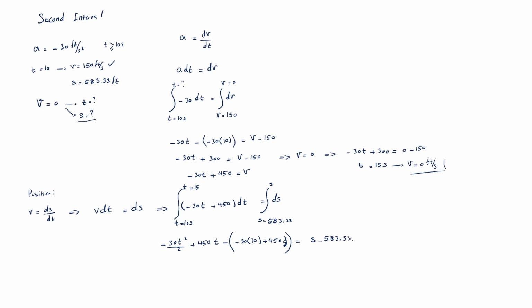If we simplify this equation, we have minus 15 t squared plus 450 t minus this one is around 3000. If we add it here, we get minus 2416.67 equal s. This is the equation of the position for the second interval.